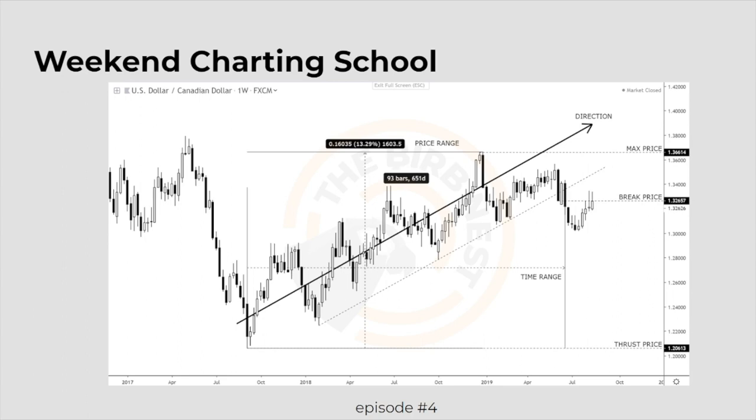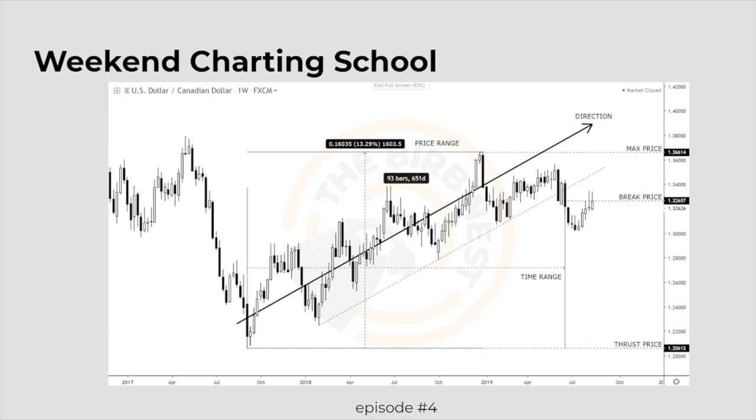This uptrend was practically broken, which is represented horizontally by the break price, the maximum price that it did reach for its range. The maximal price would be taken from the highest peak within the trend, right?